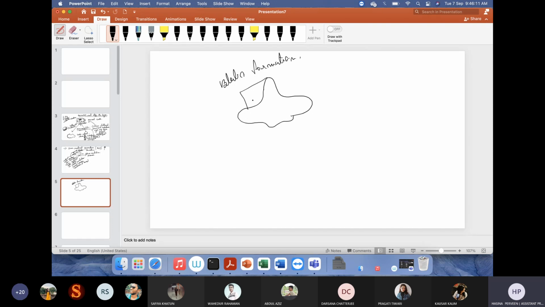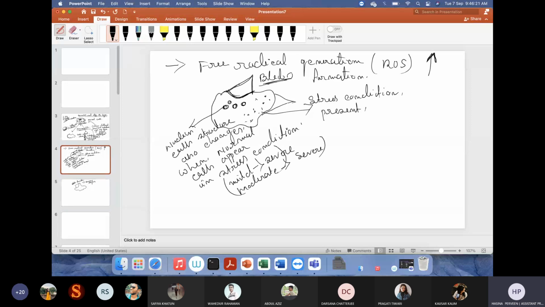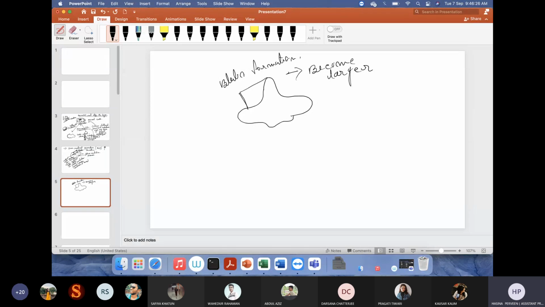That means the bleb formation becomes larger. Here, the bleb formation is small, but next day the bleb formation becomes larger in size. And no organelles are located in the blebs. That means the nucleus is also present.